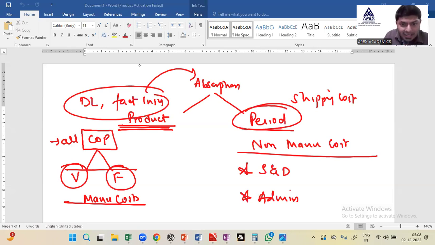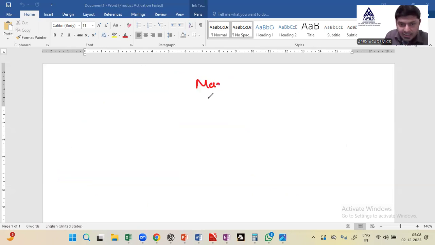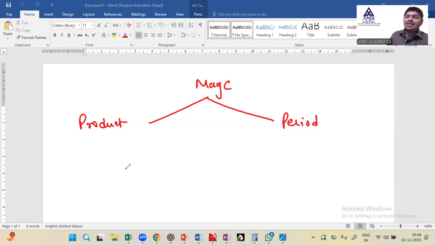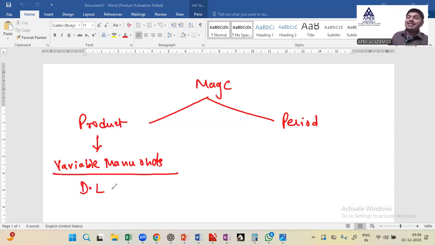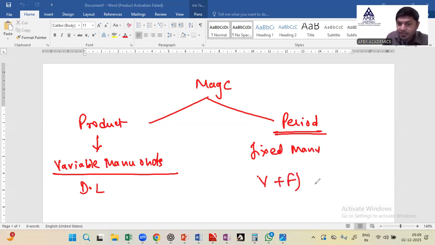Now, when I look at marginal costing, if I break them down into product and period, please try to understand that my product costs are all my variable manufacturing overheads, and in our question the only variable manufacturing overhead is direct labor, whereas period costs will be fixed manufacturing as well as variable plus fixed non-manufacturing.